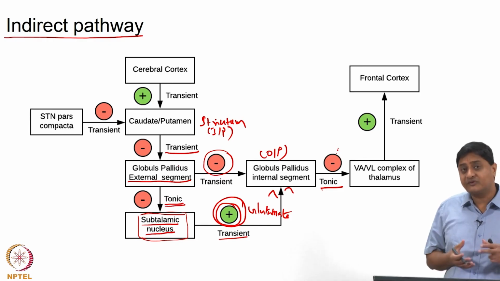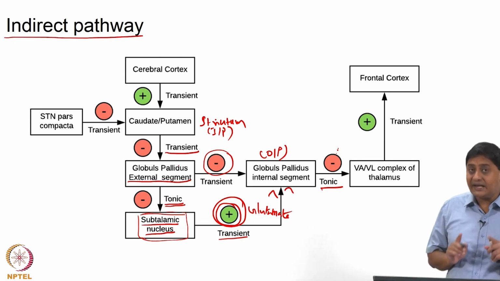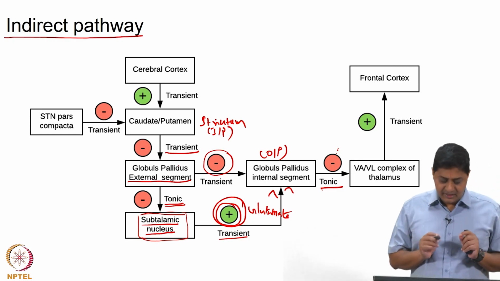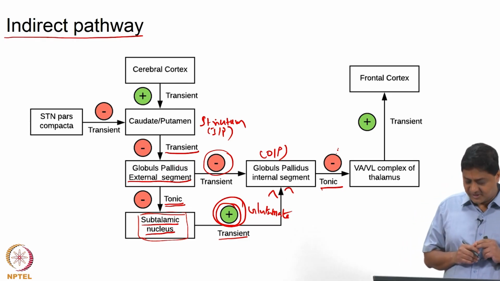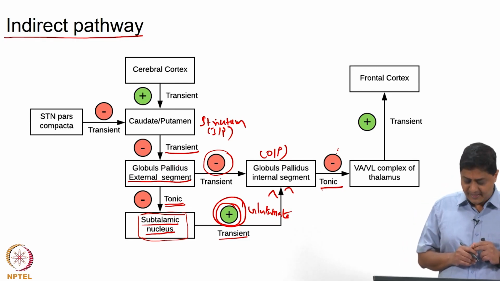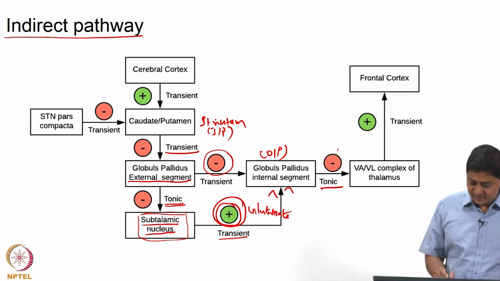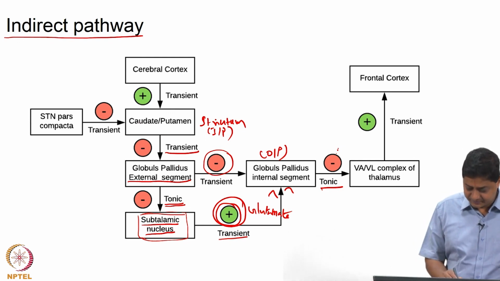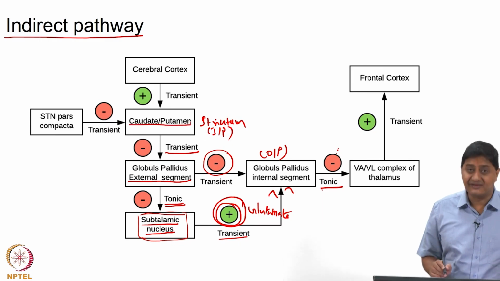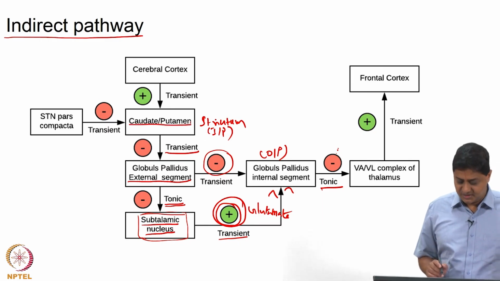The activity of the subthalamic nucleus neurons is inhibited tonically, not transiently, tonically by the globus pallidus external segment neurons, which themselves are transiently inhibited by the caudate and putamen, by the striatal neurons.